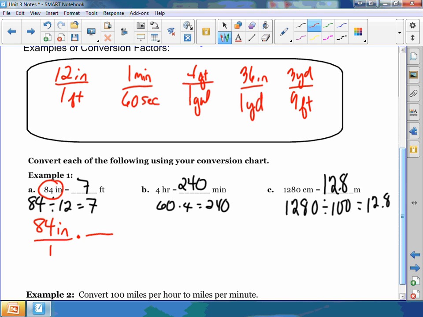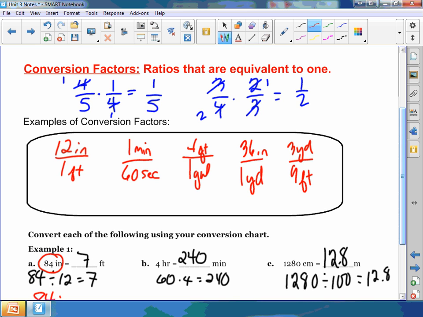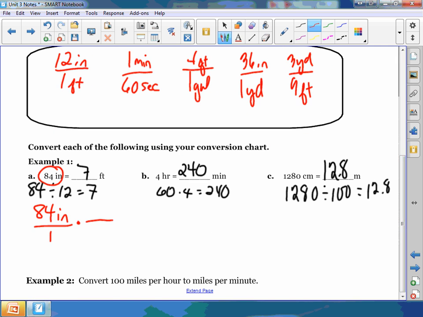Just like up above, how these numbers canceled out, cross-canceled, cross-reduced, units will do the same thing. So here I have 84 inches to 1, and now I want to multiply this by inches to feet.